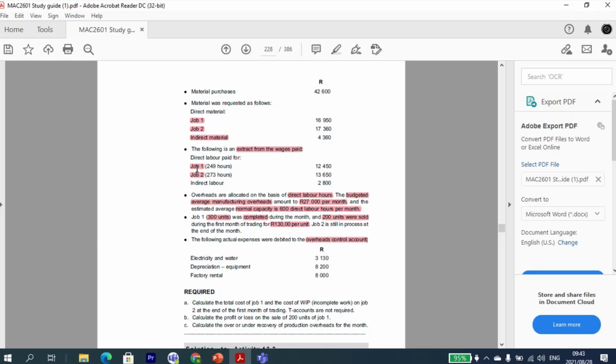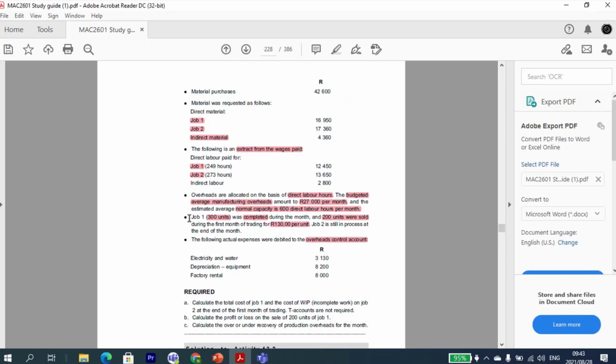Under direct labor, they split it amongst the 2 jobs. Then they told me how overhead is being allocated. They gave me the budgeted manufacturing overheads, and also the denominator being the labor hours.